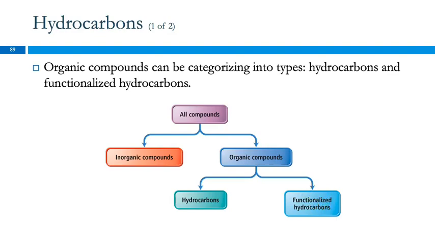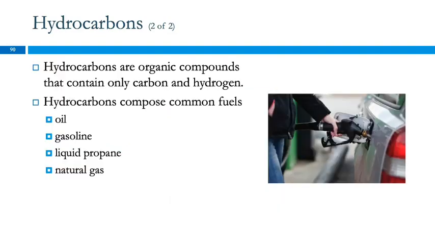If it's fancier, it's called a functionalized hydrocarbon. Hydrocarbons compose common fuels. So oil, gasoline, liquid propane, natural gas, these are all hydrocarbons. They have high potential chemical energy. When you burn them, they release a lot of energy, so they're very useful as a fuel.